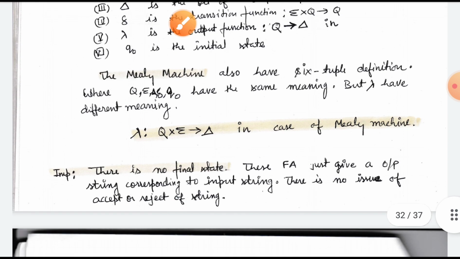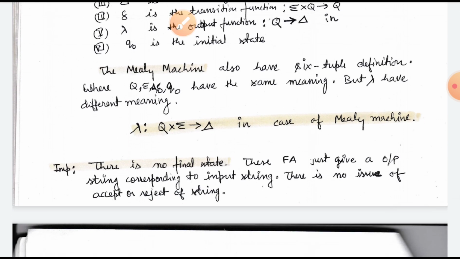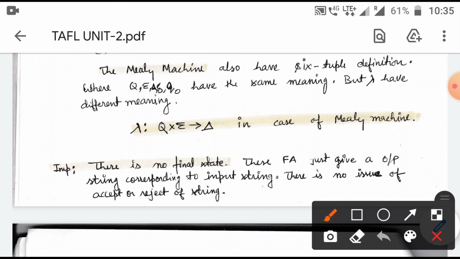But in the case of the Mealy machine we have one difference regarding the output function, which depends upon the present state as well as the input alphabet. The rest is the same, and from this analysis we can conclude that in the case of the Moore machine we can get output without consuming any input alphabet symbol.